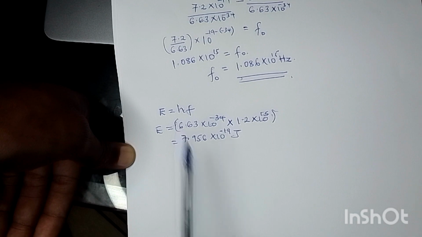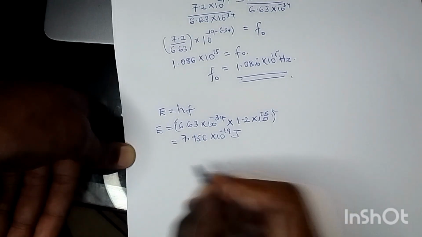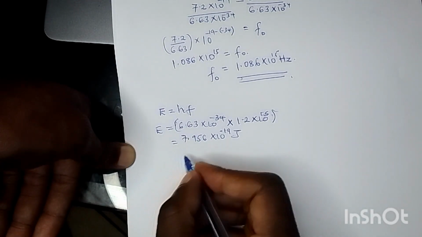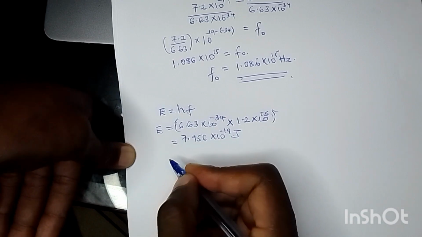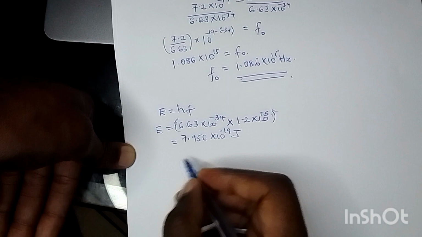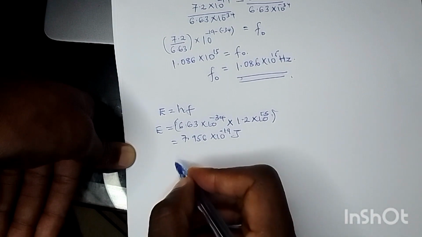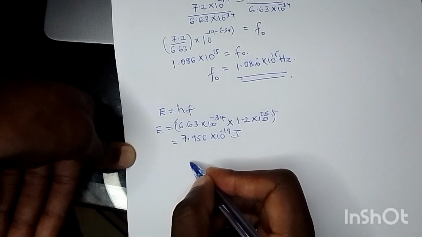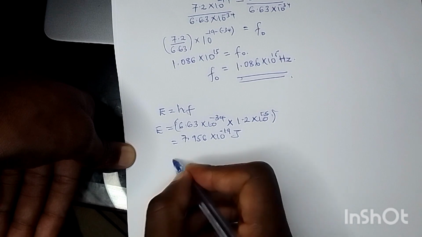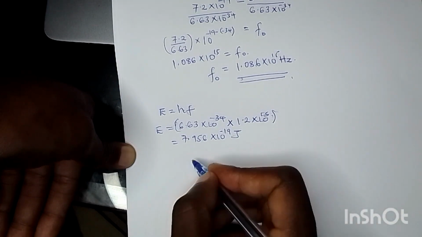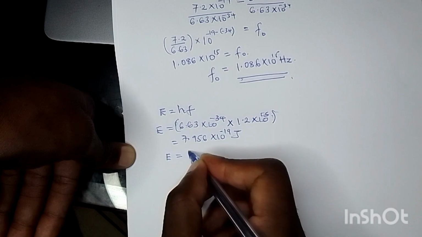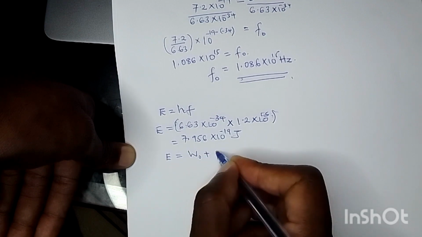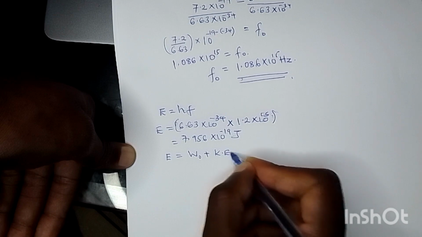But we wanted the maximum energy of the electrons. Remember, when an electromagnetic radiation is irradiated on a metal surface, it will dislodge electrons from the metal surface if the energy of the radiation is equivalent to the work function. So I can write this equation that energy of the radiation is given by work function plus kinetic energy.